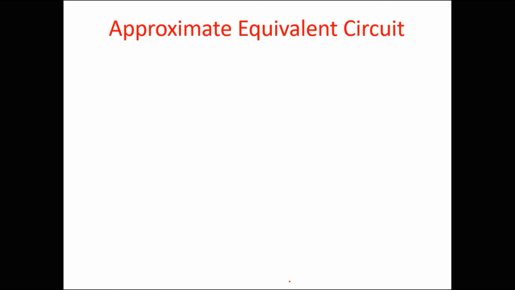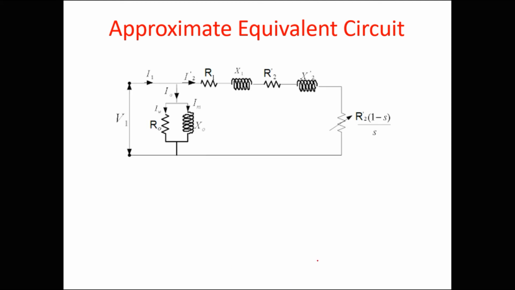And now we'll see the second type of equivalent circuit, and from the name itself we can say it is an approximate one. It means we are going to do some approximation, that is, adjustment on the actual equivalent circuit. We are going to combine all the winding parameters, both on stator and rotor.